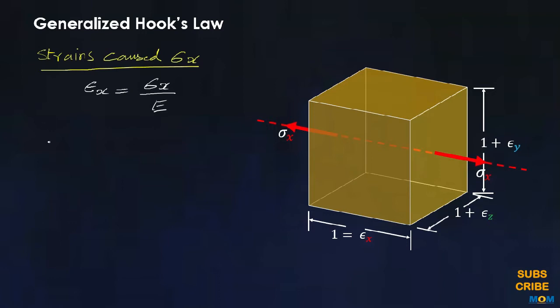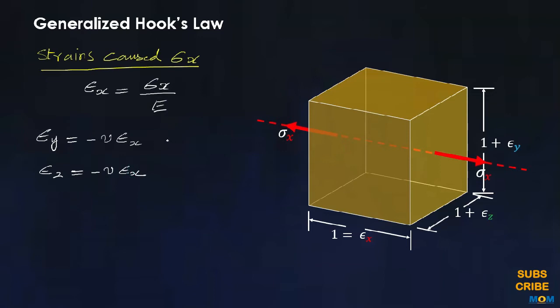So the strain along y-axis is going to be minus nu, Poisson's ratio, times the longitudinal strain epsilon x. Similarly, epsilon z is equal to minus nu epsilon x.